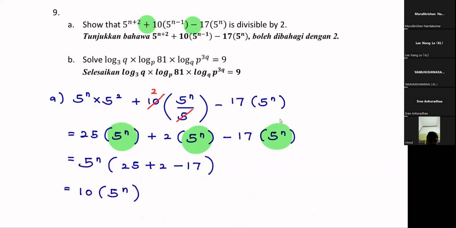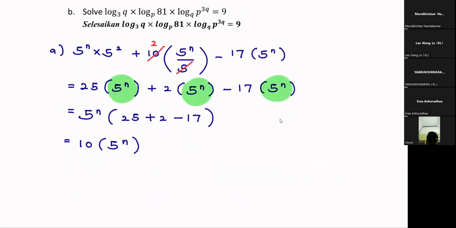Okay, soalan dari apa dah? This is a question. Show that is divisible by 2. Divisible by 2 maksudnya boleh bahagi dengan 2. So kalau kita tengok dekat sini, if we look at this question, the 10 here, this 10 is actually divisible by 2.